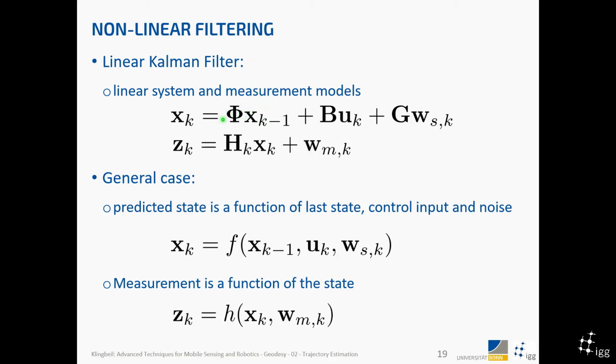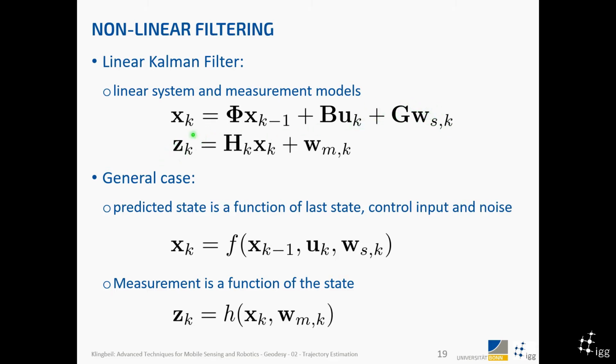So if we can describe our system as a linear system with linear measurements, then this here is the new state, which can be described as some linear function of the old state. And here we have some control inputs, also described by a transition or control matrix, which says how our control inputs influence the state, and this is the noise matrix, which tells us how noise actually acts on the state.